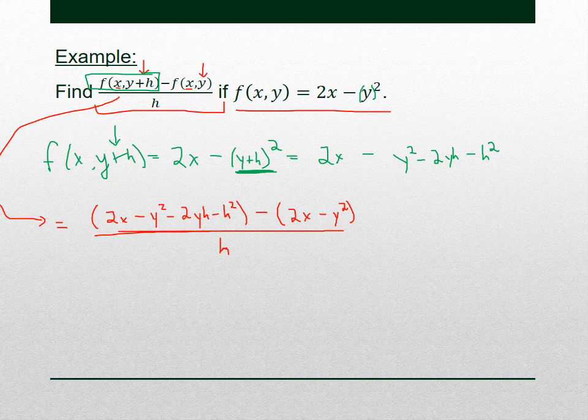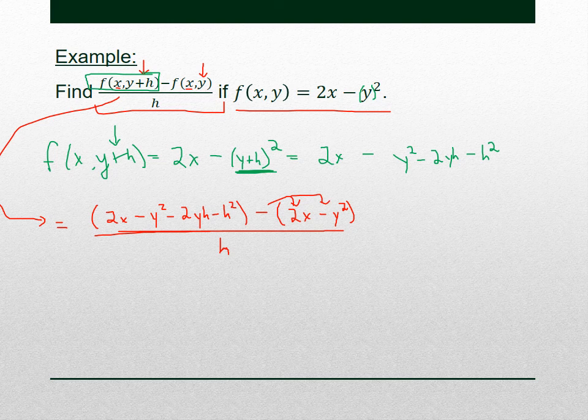All right, now just like back in chapter 1 or 2, I think it's 2 and 1 actually, when we talked about this stuff, and just like the last example where it was the x changing, when this y is the only thing changing, you should still have that all the stuff in the numerator that does not have an h should cancel. Then you should be able to factor out an h and cancel it with the h in the denominator.